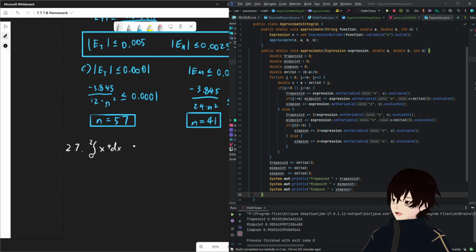And we want to find Tn, Mn, and Sn for n equal to 6 and 12. We have our calculator. Then compute errors.